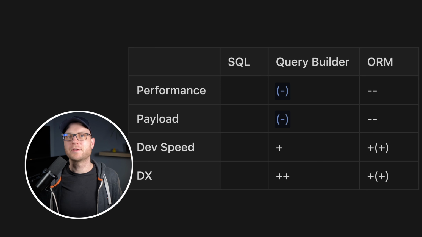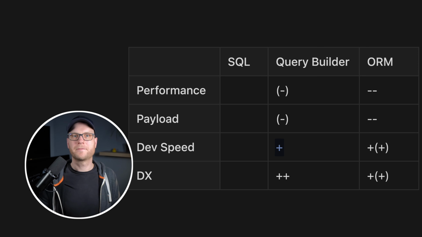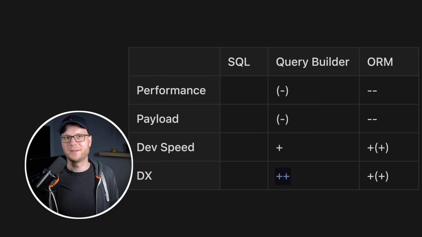But if we can use an SQL compiler, this little drawback will not be valid anymore. Because of this, it's placed in parentheses. In my experience, the development speed increases slightly. This is due to the static typing and compile time validation of the queries. And the development experience can be very good. I especially enjoyed using Kysely.